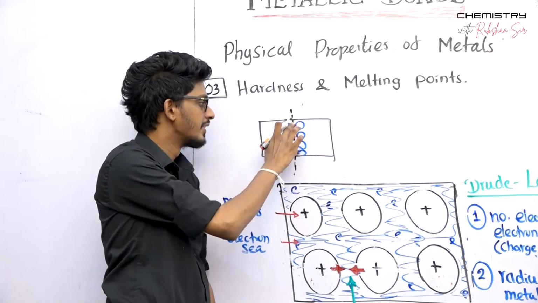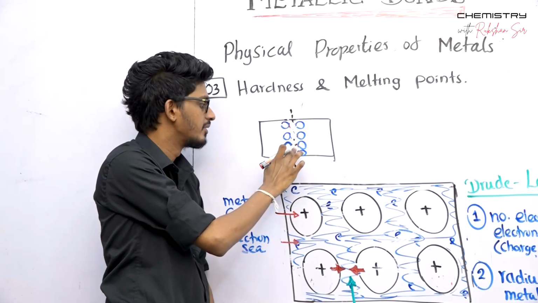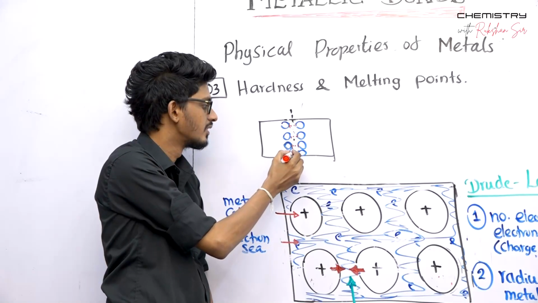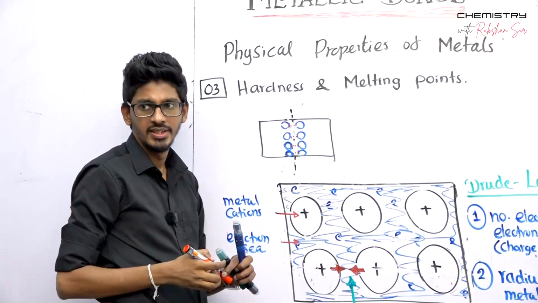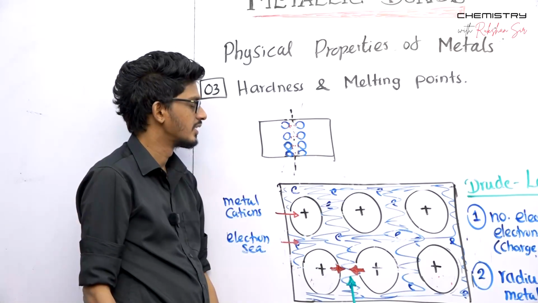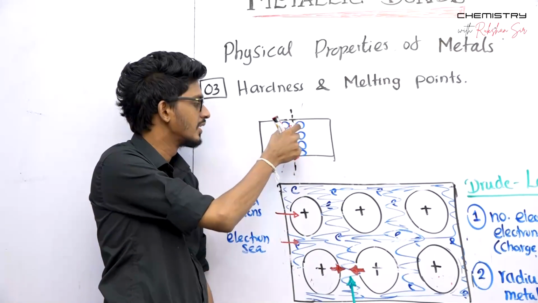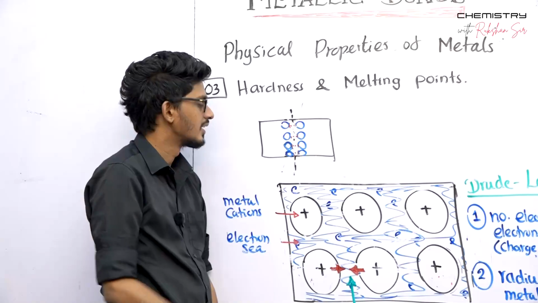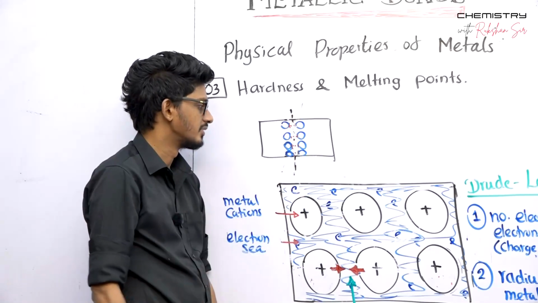If the metallic bonding between the particles is very weak, like this, then it is very easy to cut into two pieces. So when the metallic bonding between the particles is weak, those are referred to as soft material.